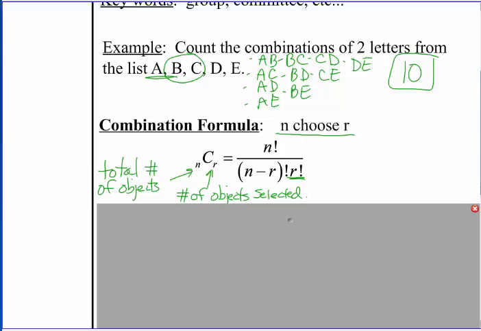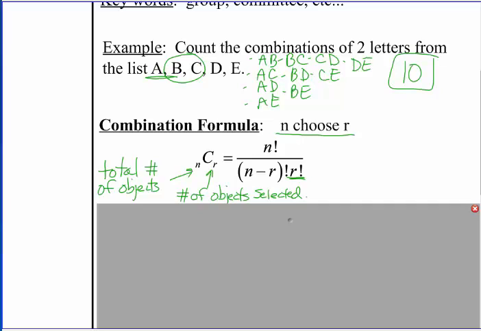That extra r factorial is what eliminates all the repeats. So if you don't have the r factorial, that's the same as a permutation formula. So with a combination, we just add the r factorial in there, and that cancels out all the repeats.